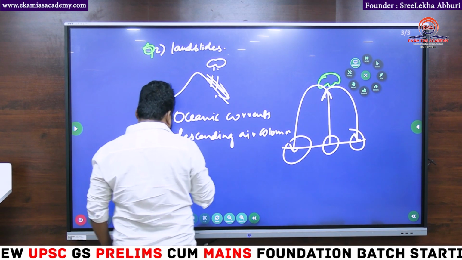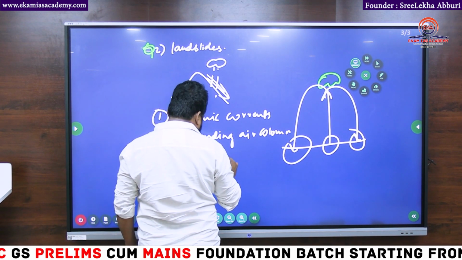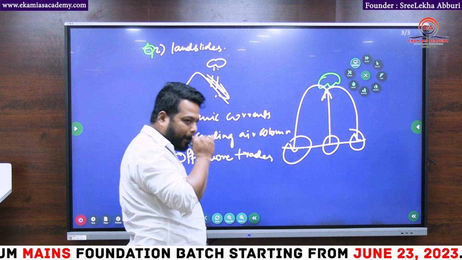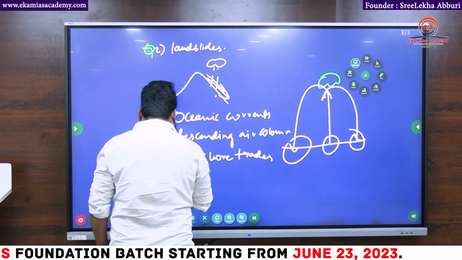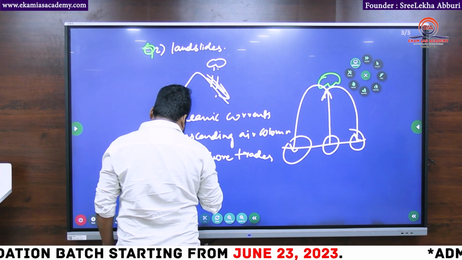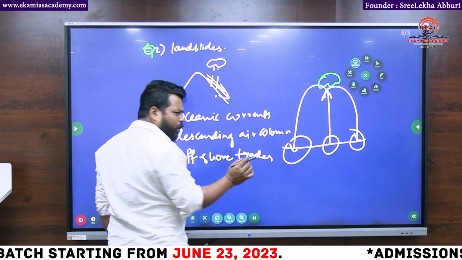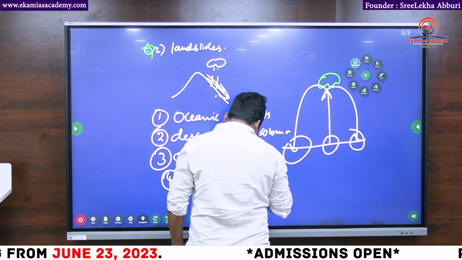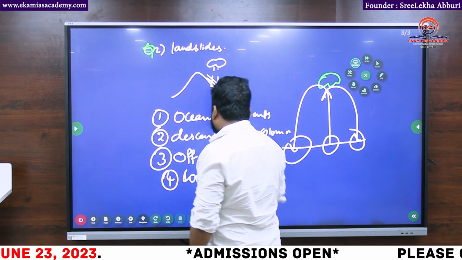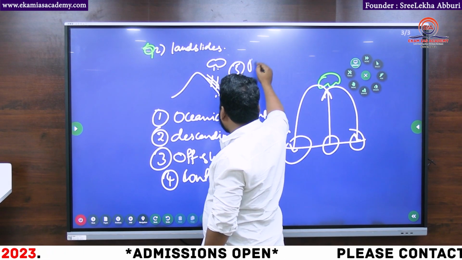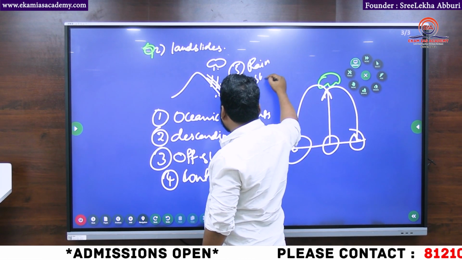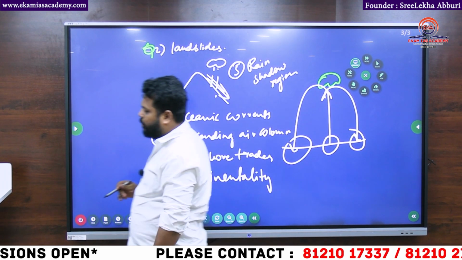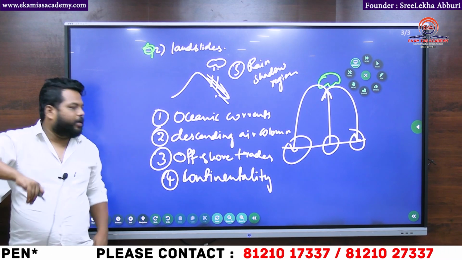Third, offshore trade winds, as our boy said. Fourth, as the person said, continentality. Fifth, rain shadow region. These are the 5 reasons why we have desert formations.